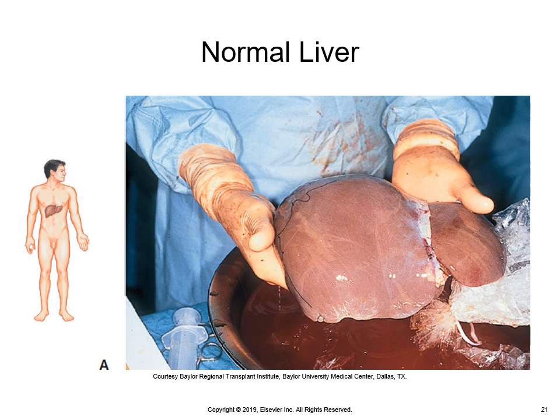In this picture, we are looking at a normal liver. This particular liver is being prepared for an organ transplant, so a person who needs for their liver to be basically replaced. Again, we said that the liver is the largest gland that we have.